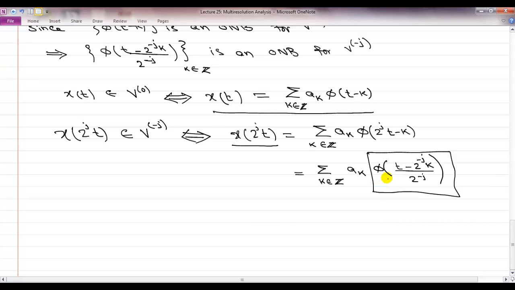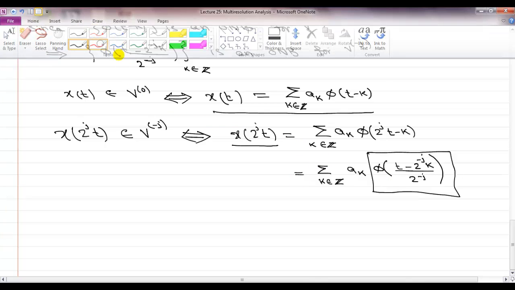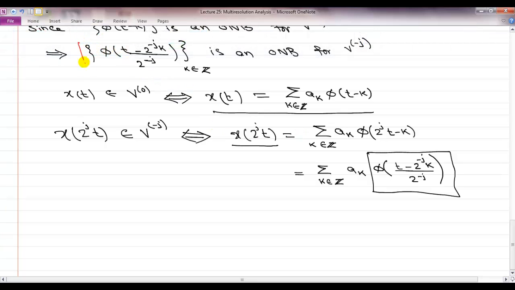So if every function can be represented as a linear combination of a collection of functions, then that collection is a basis for that space. That's just the definition. So indeed, we can say that this collection is a basis, and the orthonormality of this follows because of the orthonormality of phi of t. Proving that is rather simple.